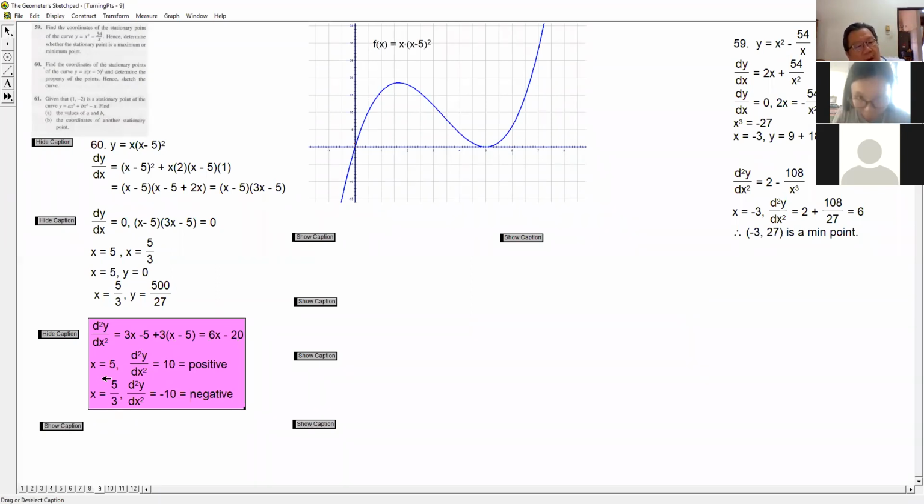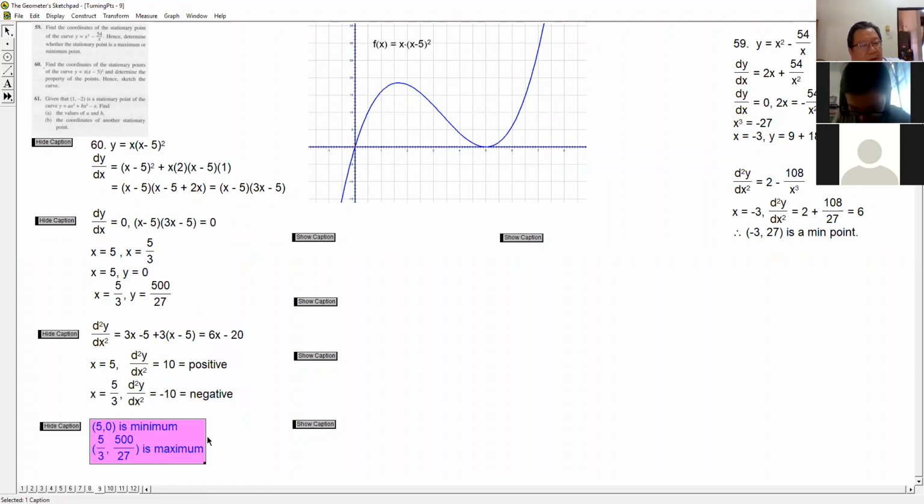Now you only know the value of x, you have to tell which one is maximum or minimum. So the answer is 5, 0 is minimum, and 5 over 3, 500 over 27 is maximum. So you mark these 2 points on the curve. You mark the point 5, 0 here and you curve it this way so that it is a minimum point, you make a minimum point turn around like this.